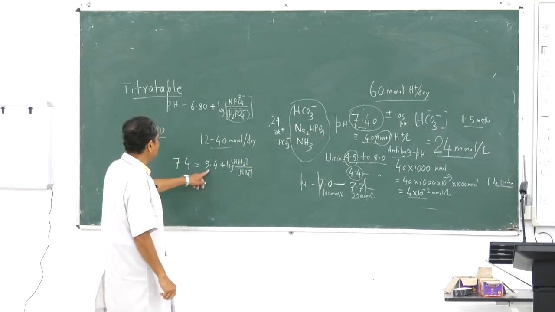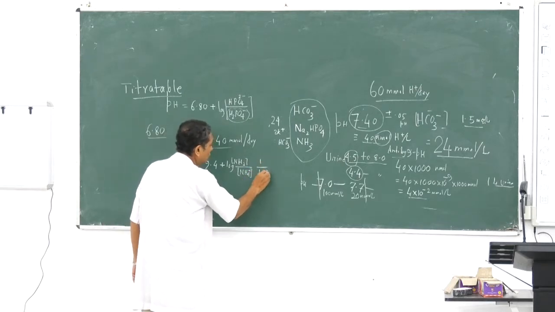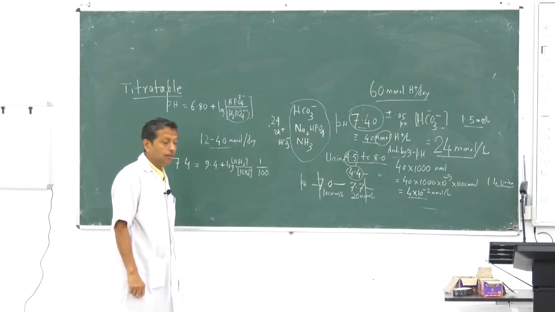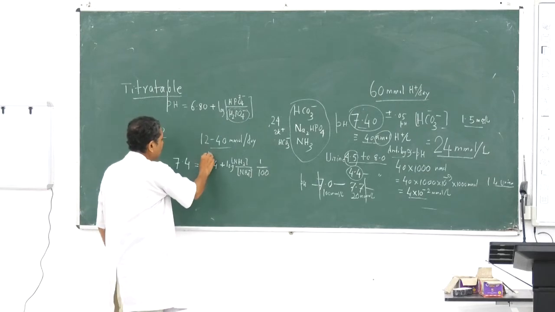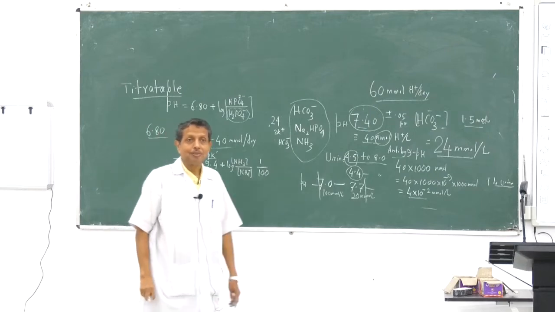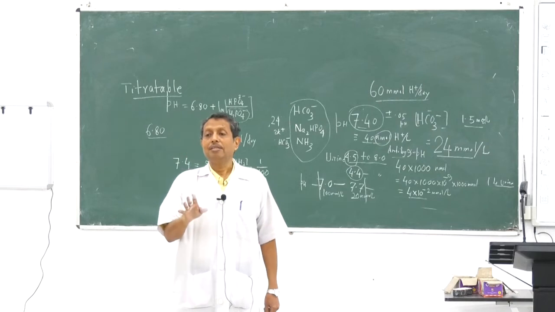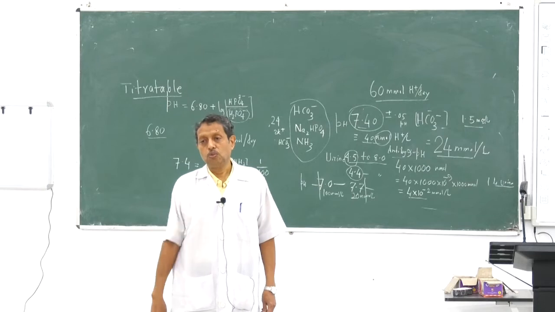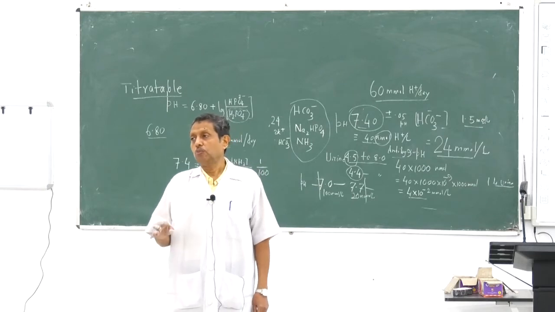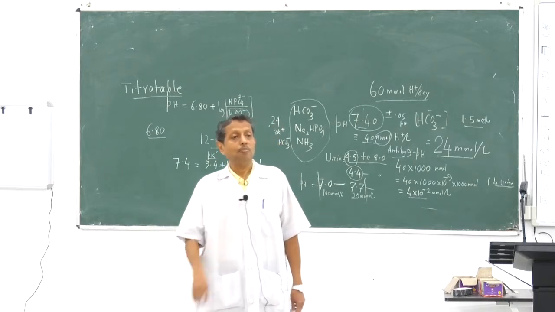To attain this value you get a ratio of 100 or so. So the major part will be in this form due to its pK value. Ammonia is an important buffer and it has the capacity of adaptation also. But its contribution to titratable acidity is minimum.